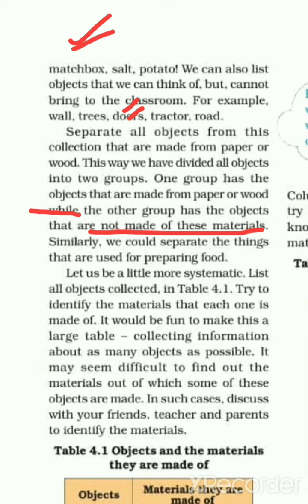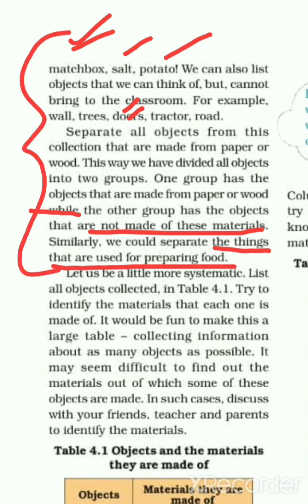Similarly, we could separate the things that are used for preparing food, like salt, potato. Okay, all these things are included in the things that are used for preparing food. So with the help of these categories, we can differentiate the things into different materials or different categories with the help of their shapes, their color, their qualities, and so on.